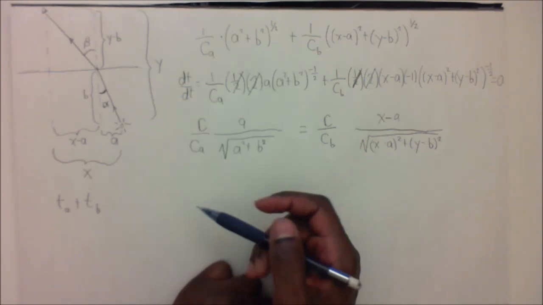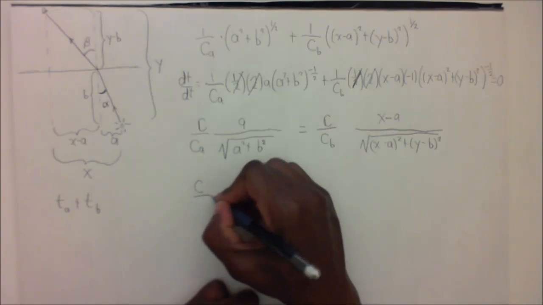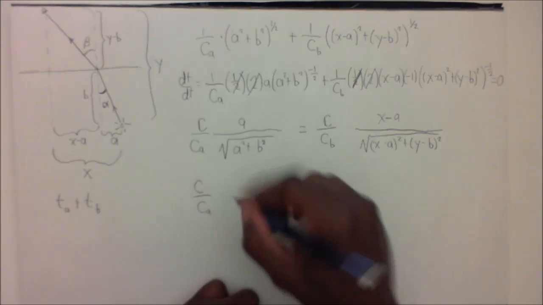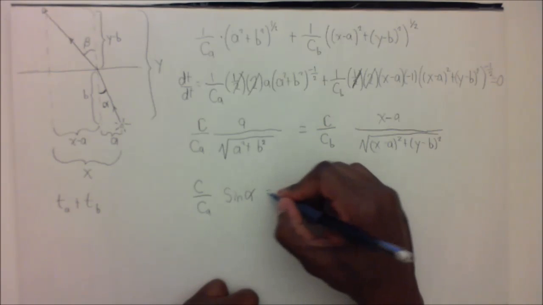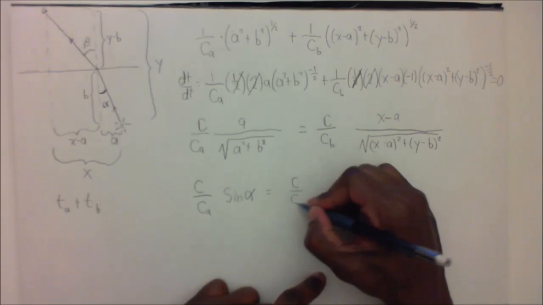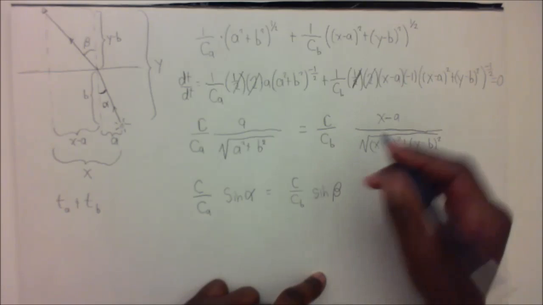So we can say now c over c sub a times sine alpha is equal to c over c sub b times sine beta.